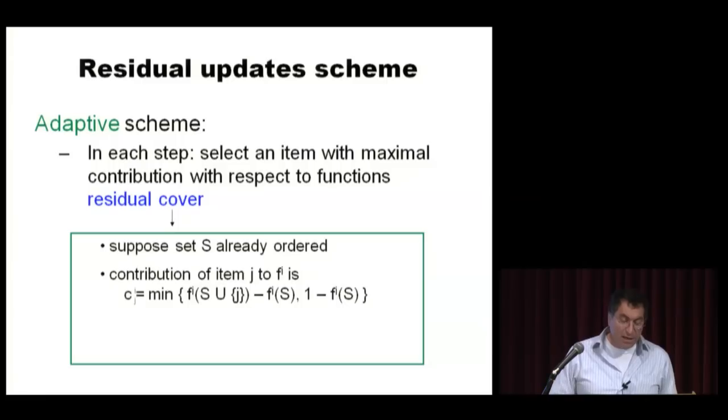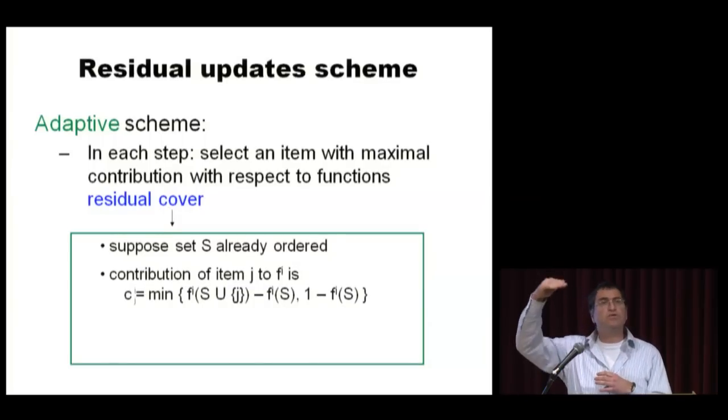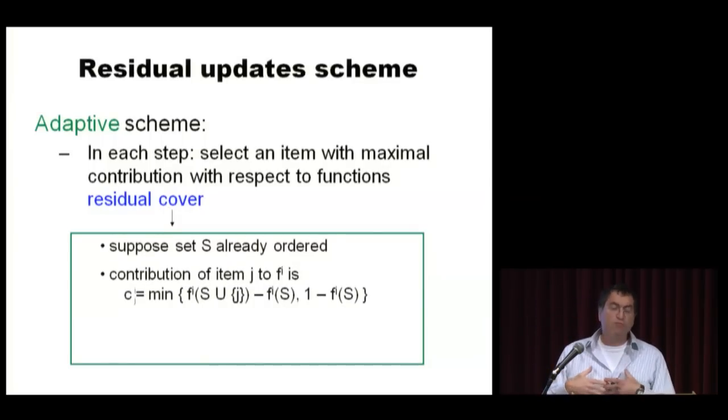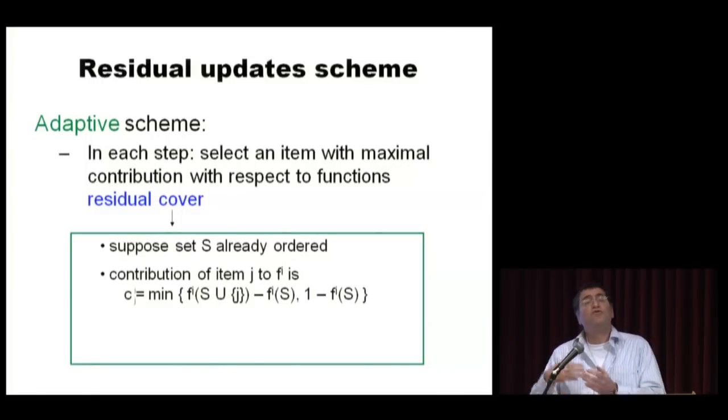What does it mean? We do the same thing, assuming that you already have some pages that you picked in the order. Now we want to pick the next element. So we again compute the marginal value for each element, for each user. We cap it at 1 because we don't need more than 1.